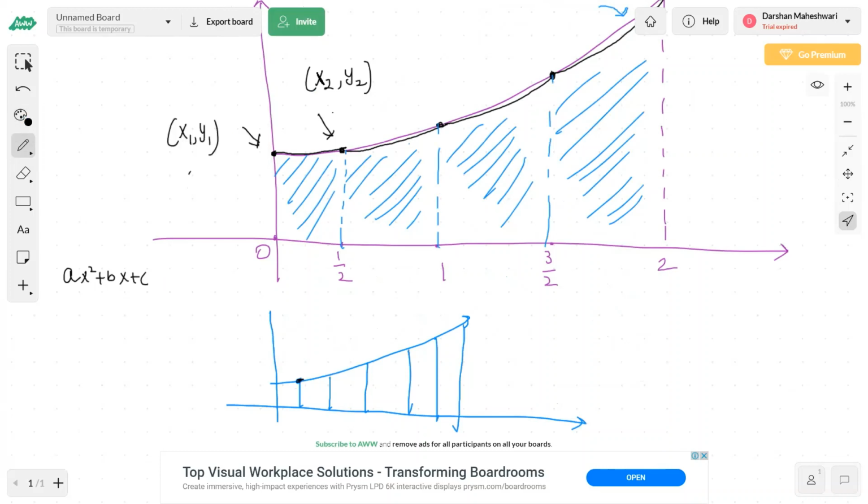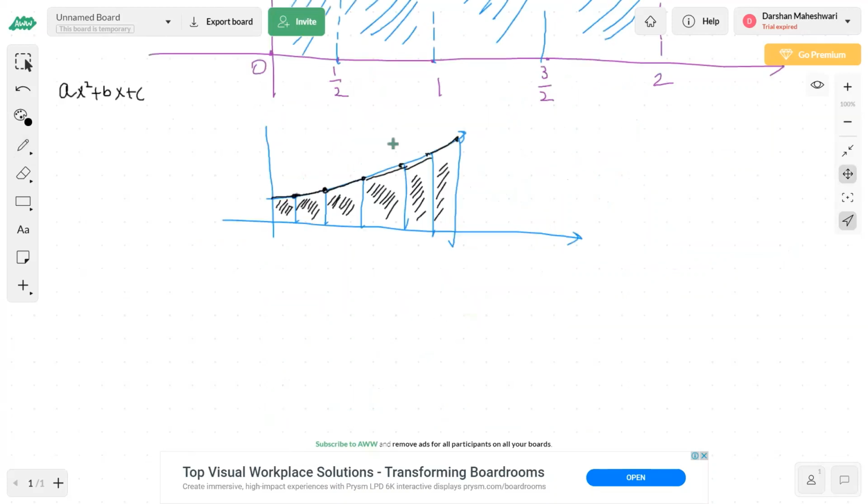Whenever the points are very close, the line which we are making will be very close to the functional curve. And whenever the approximated lines tend to come very close to the trajectory of the curve, this means that our approximation is getting very close to the actual answer. So this was about Simpson's rule.